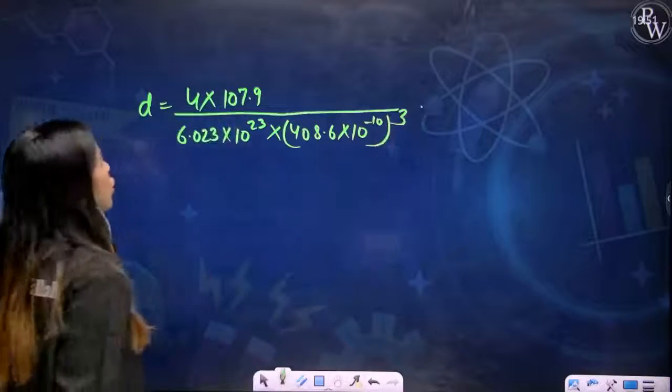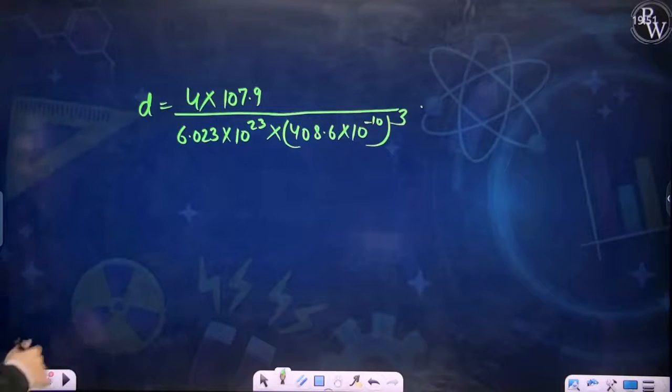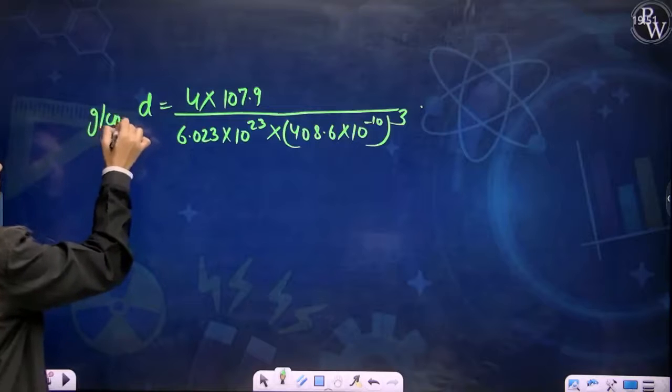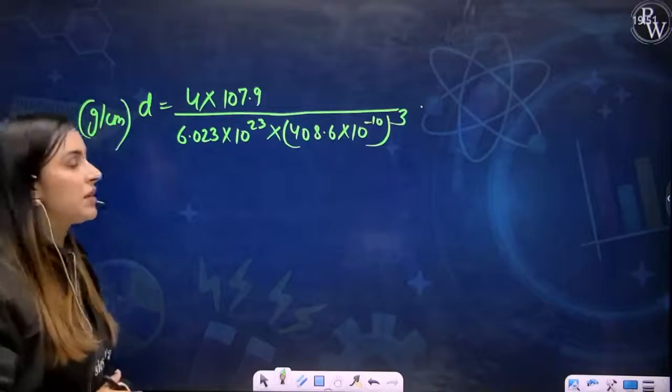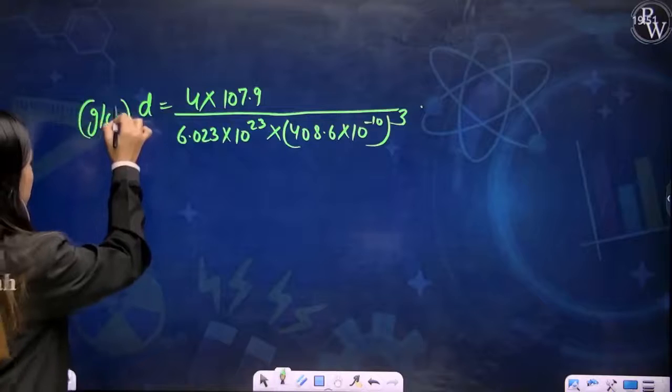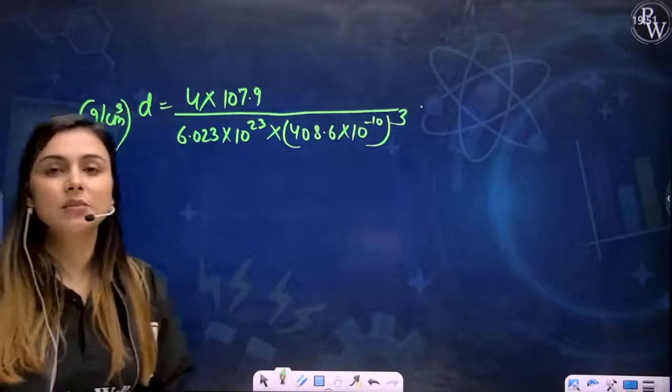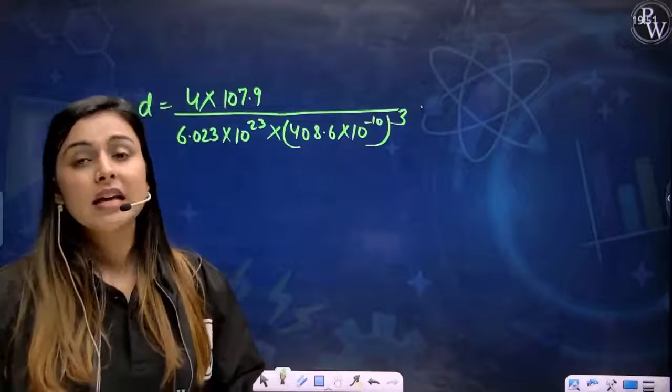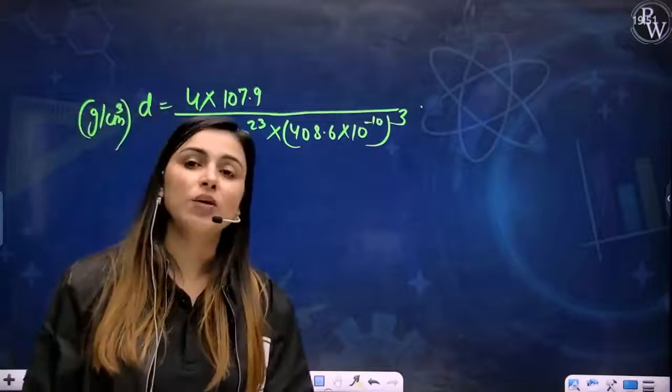This is how you will be finding the density. You have to solve this and you will get the density in gram per centimeter cube. Yes, this is how, my dear students, we calculate the density.